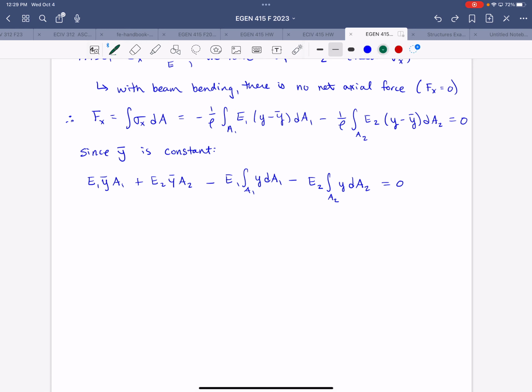All right. Now looking at these last two terms, the integral over an area of y is equal to y bar 1 times A1, and similar for area 2.